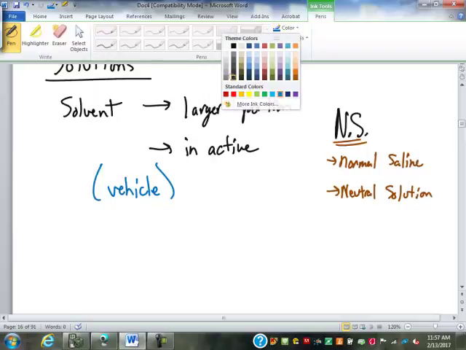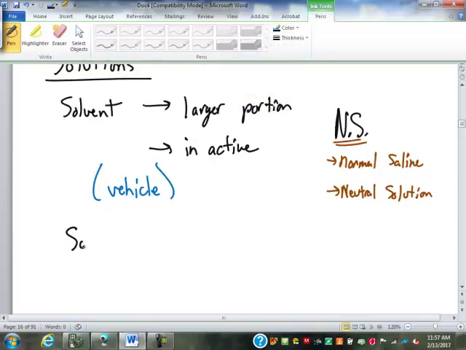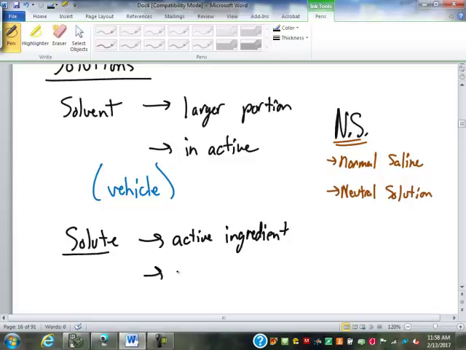So the other part is the solute. And the solute is usually the active ingredient. And it actually hides into the solvent, I should say.